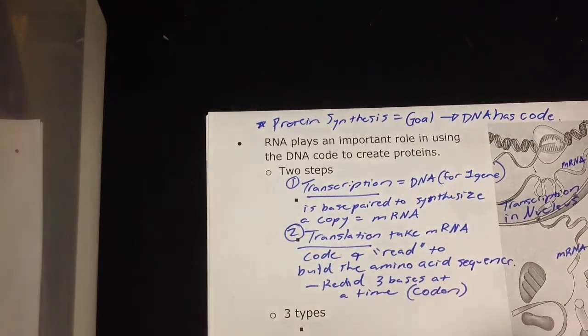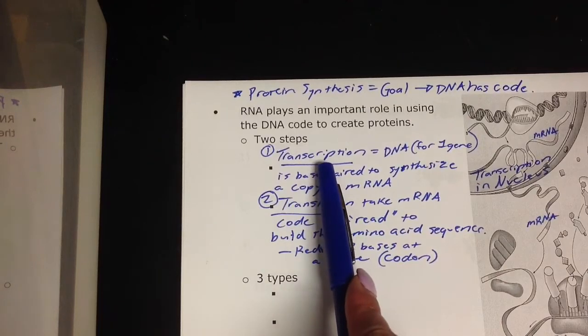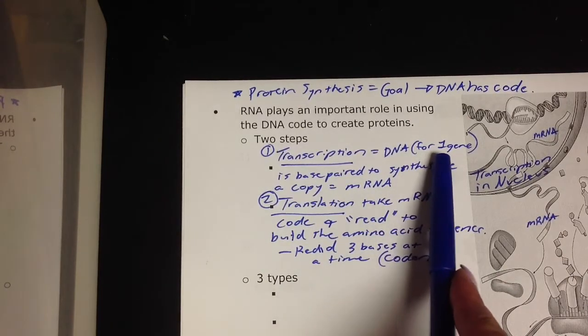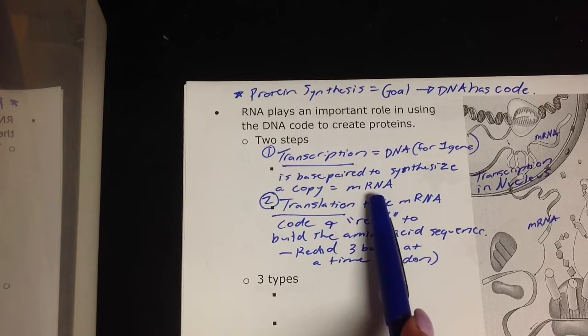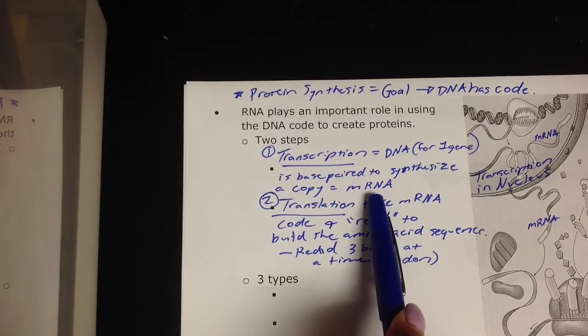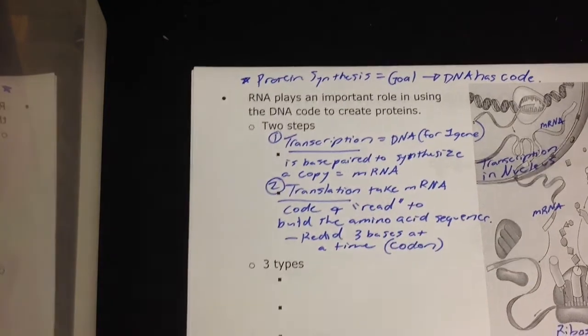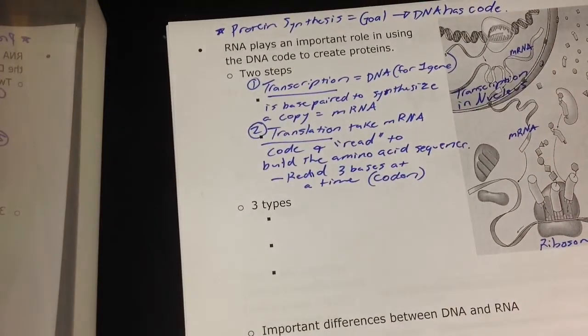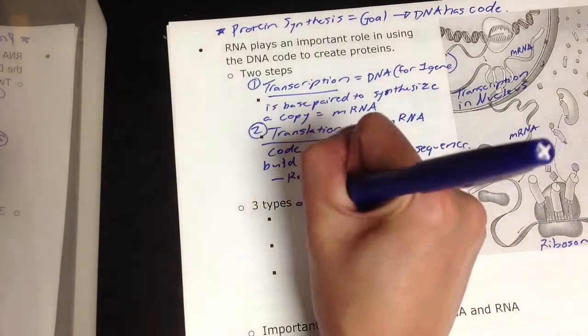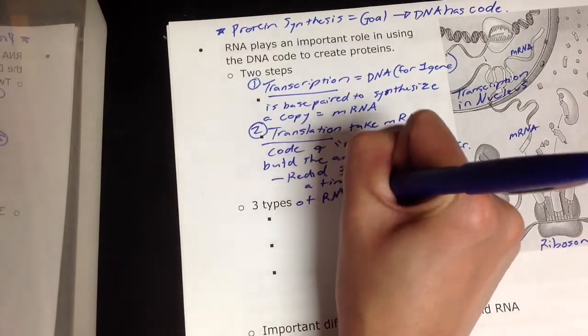So we're going to take the language of the nucleotides from the DNA, and we're going to convert it into the language of mRNA, and eventually produce the language called amino acids to make our protein. Another thing that we need to know is that there are 3 types of RNA.